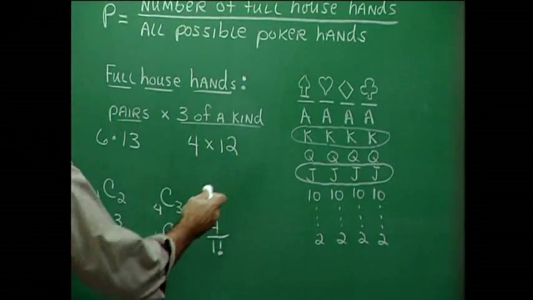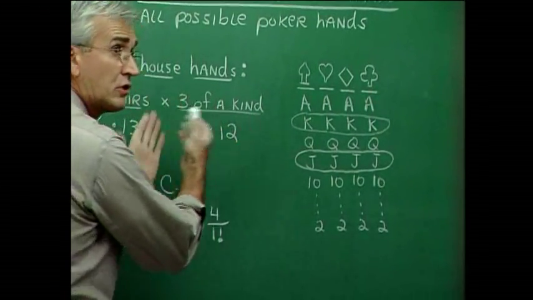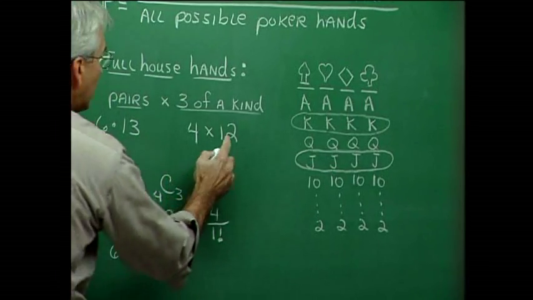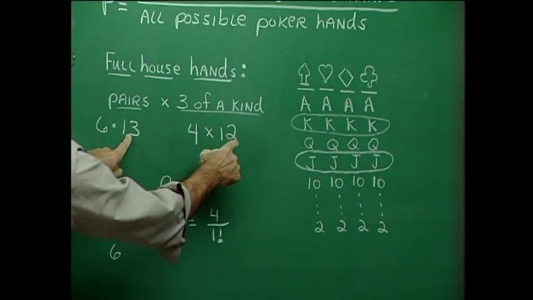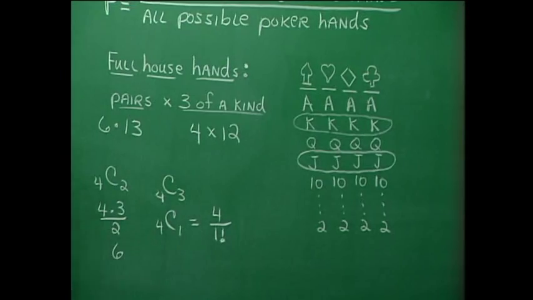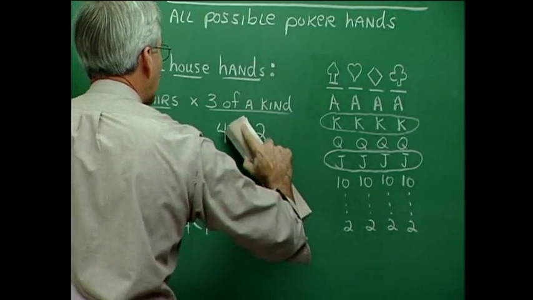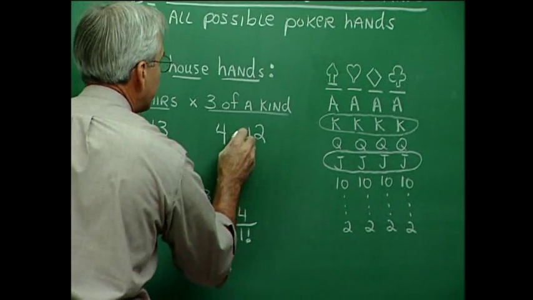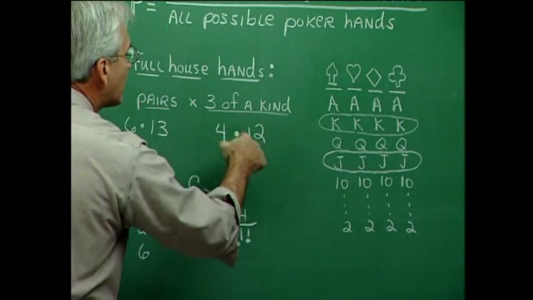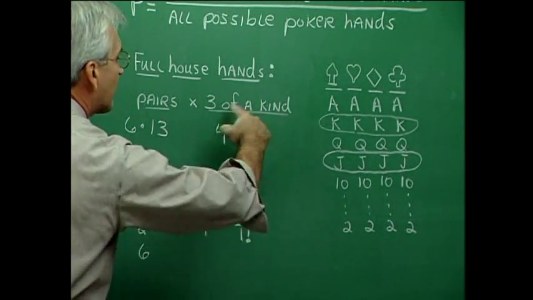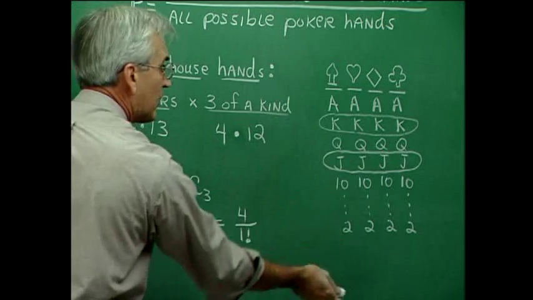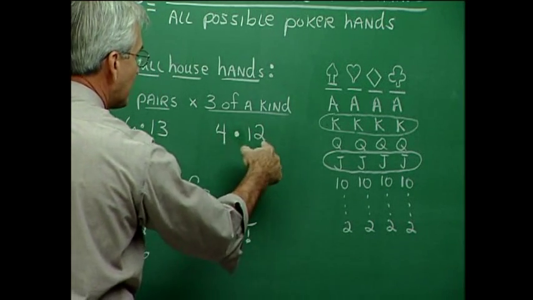Now, you might be saying, well, gee, what if the three of a kind was chosen first? Well, it's the idea that we have this 13 factor here and a 12 factor here. And I probably ought to use the same designation for multiplication in both places. But if we had chosen to calculate the number of three of a kind possibilities throughout the deck, then it would be 4 times 13.